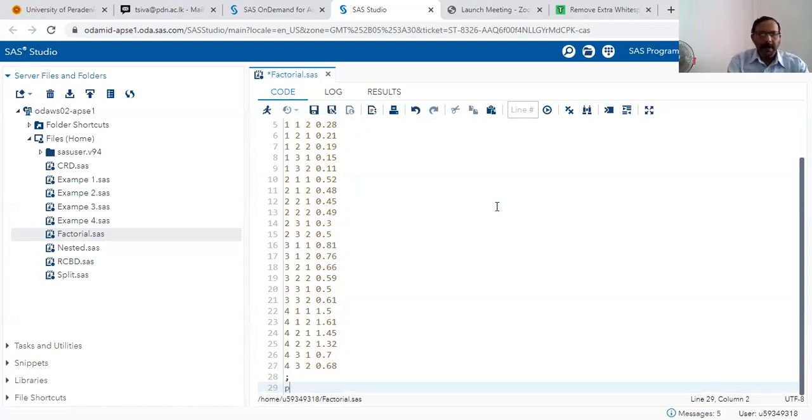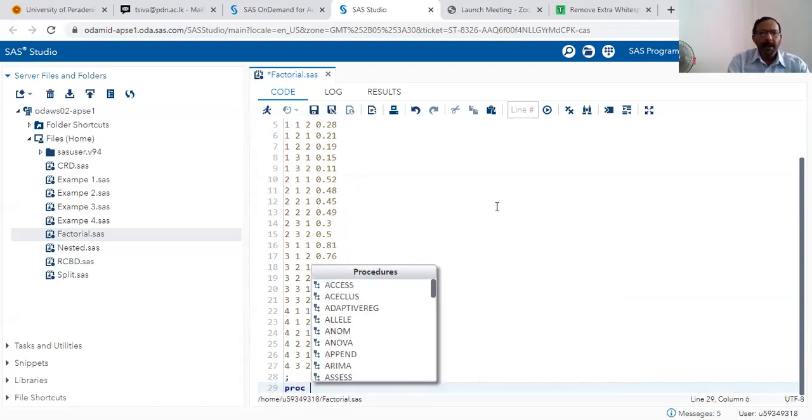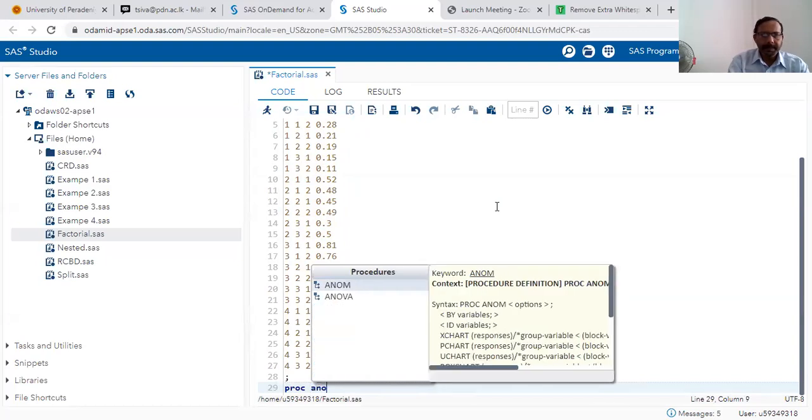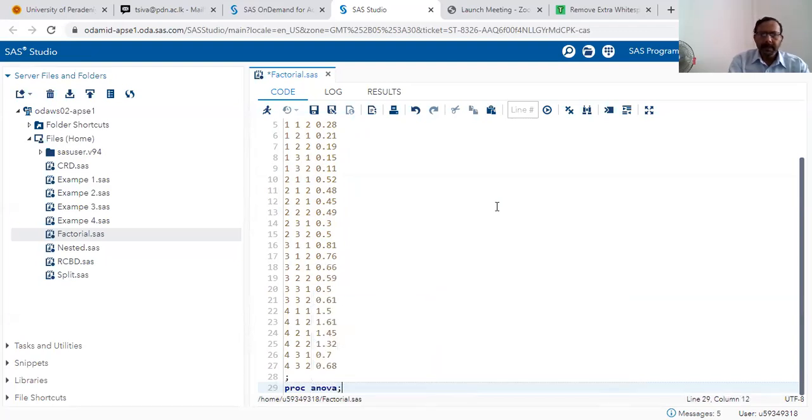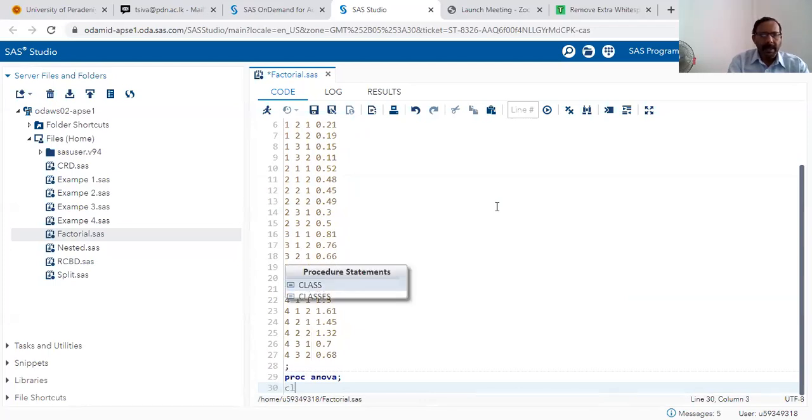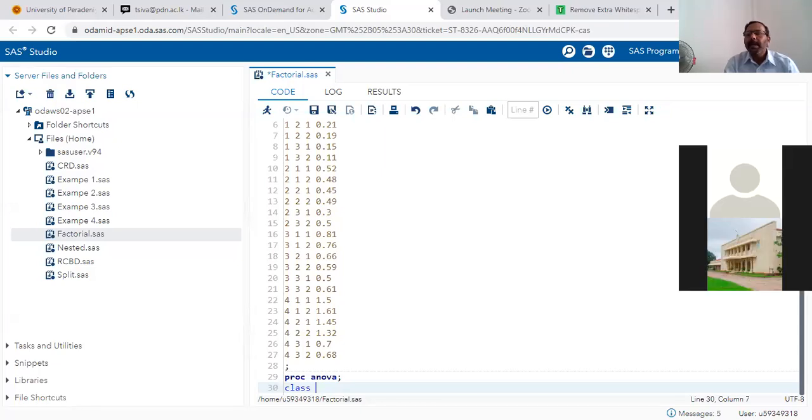Now we go for proc anova. Proc anova as usual. Now you'll have to tell me what are the class variables. I will ask the name of some of you. You should tell me what are the classes in this example.